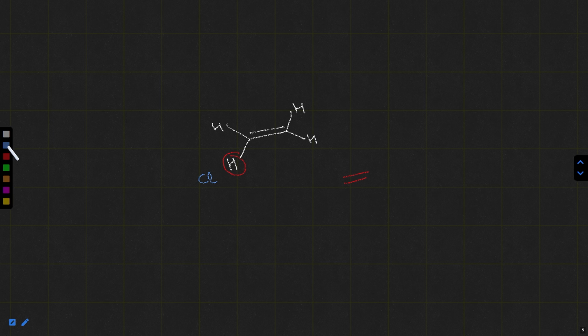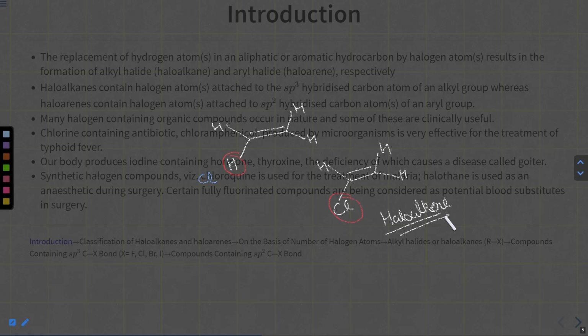Then the resultant compound would be this. So this hydrogen has been replaced by chlorine. Now what will we say it? I have told you that if the carbon is sp3 hybridized and we replace a hydrogen, then we say haloalkane. So this will be termed as haloalkene. Okay, haloalkene. Clear? Okay. Now, next.